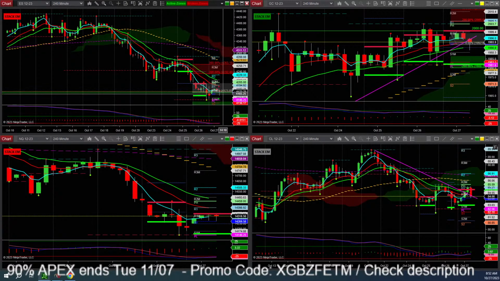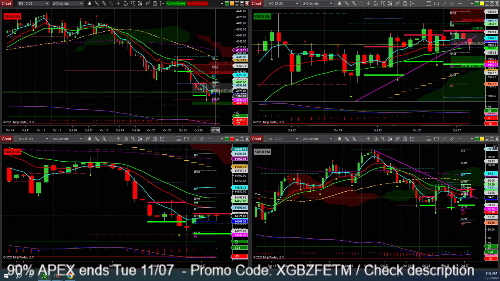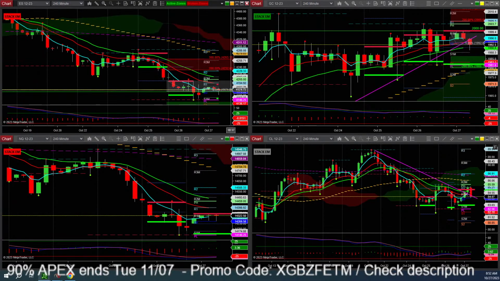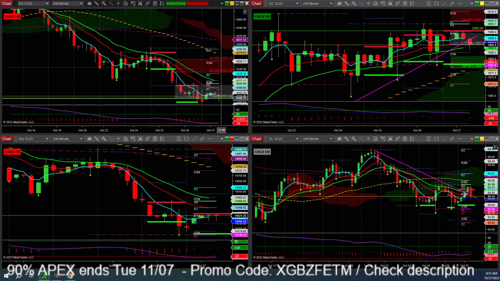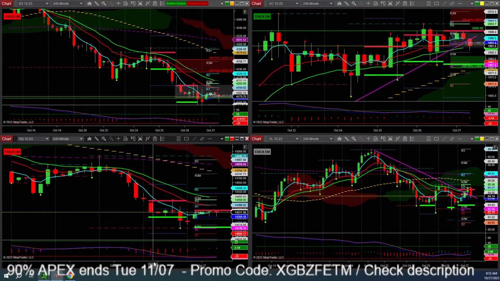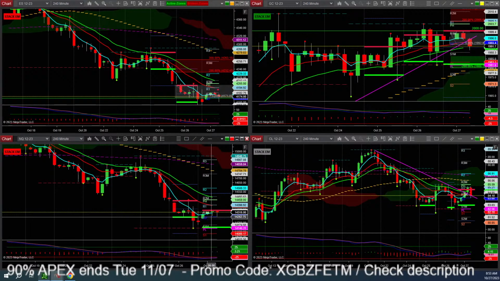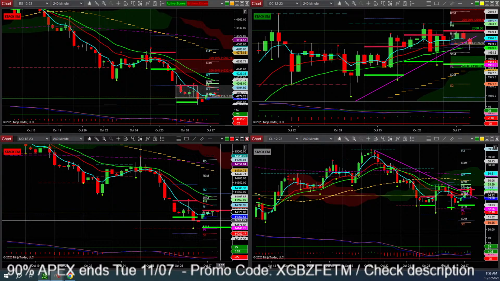It's retracing a little bit with this candle, the last candle moving to the upside somewhat, but it was forming a bear flag right there. And there's a couple of tails in NQ.